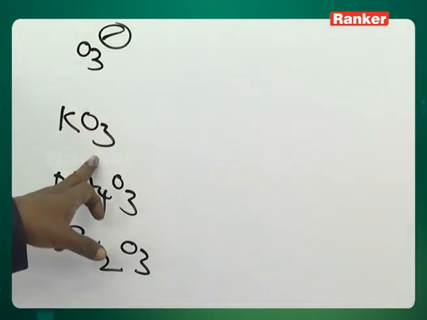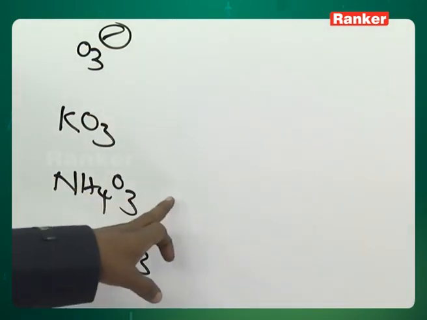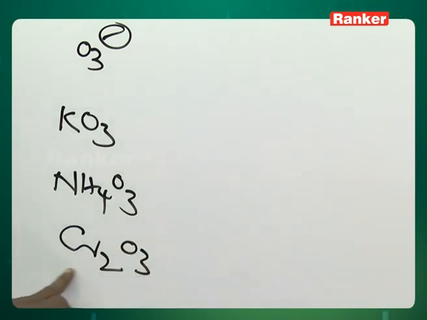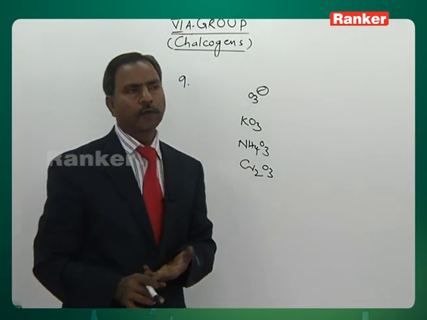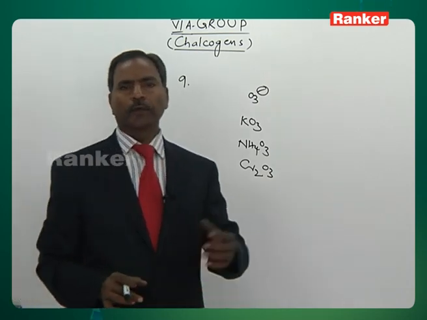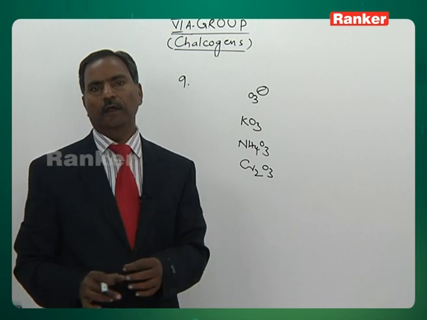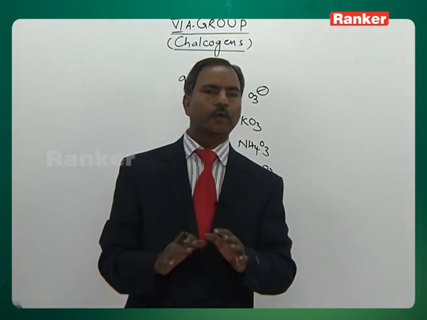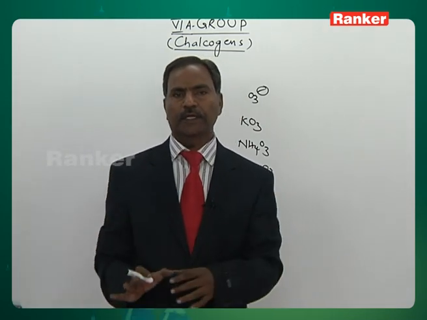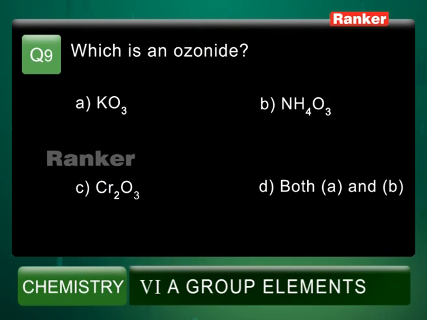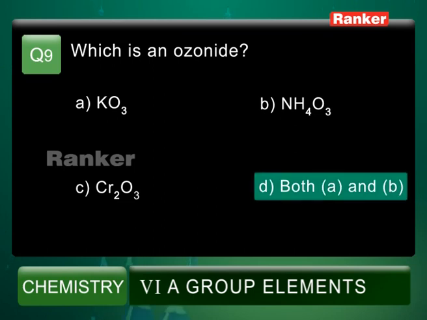Yes, in KO3 there is O3 minus. Ammonium ozonide also has O3 minus. But Cr2O3 is actually chromic oxide, or dichromium trioxide, or chromium sesquioxide, we can call. In Cr2O3 there is no ozonide, only oxide. Therefore, for question number 9, A and B are the answers. So according to our options, 9th question answer is D.